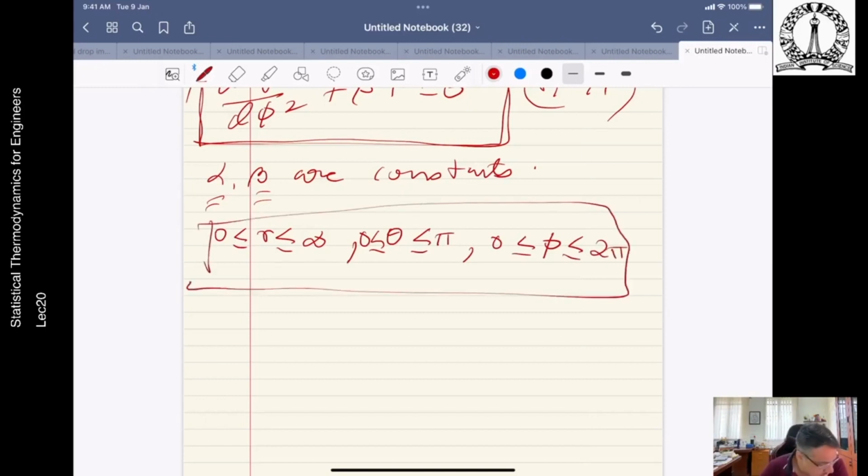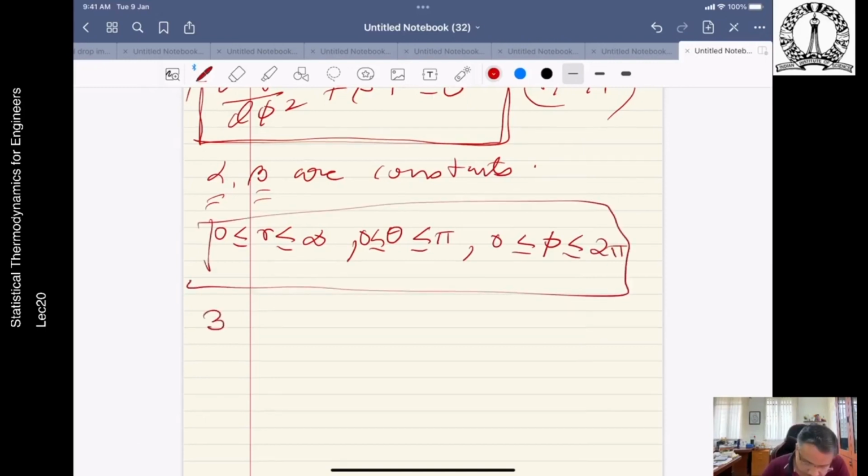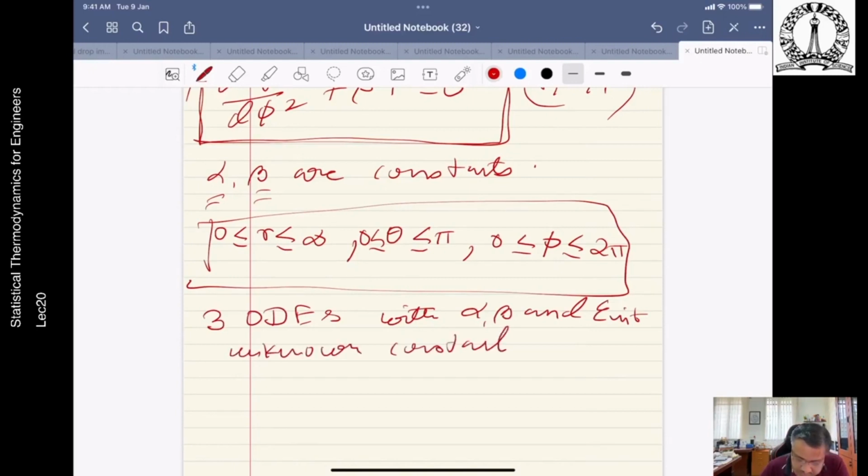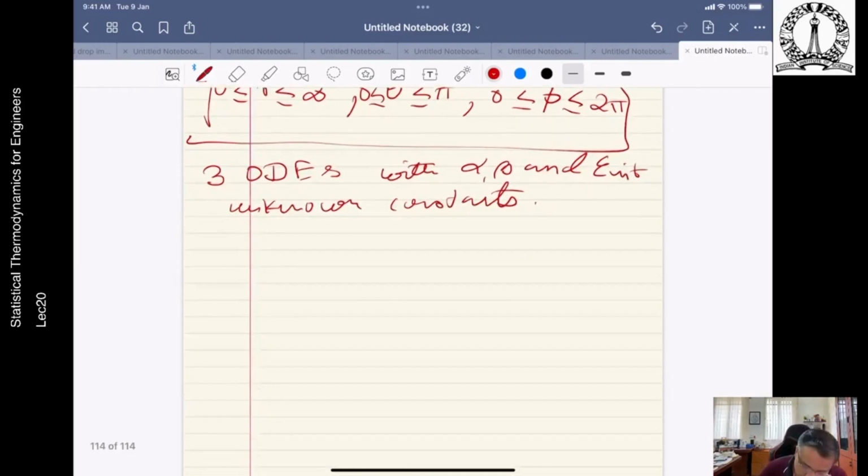The limits. Okay, so we have basically 3 ODEs, with alpha, beta, and E internal as unknown constants.